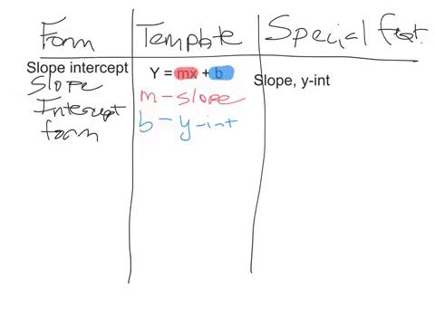Oh, there it goes. Okay, so yes, it's slope-intercept. And what's nice about this is that you can just read it literally from the numbers. The slope is whatever number is in front of x. If there's no number in front of x, then it's 1. And if there's no x, then it's 0. And the y-intercept is whatever constant number is in the equation.